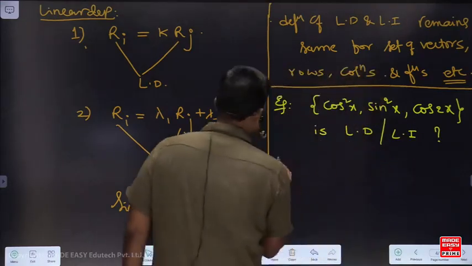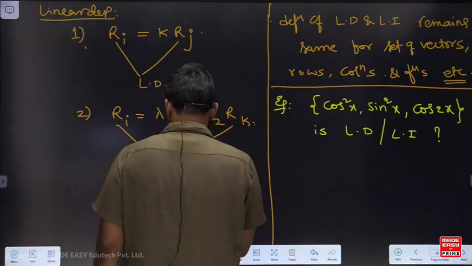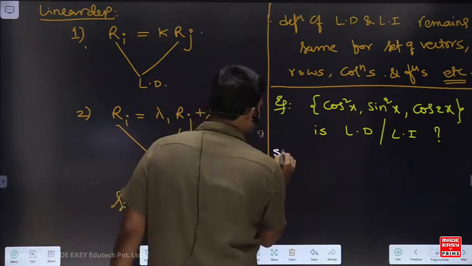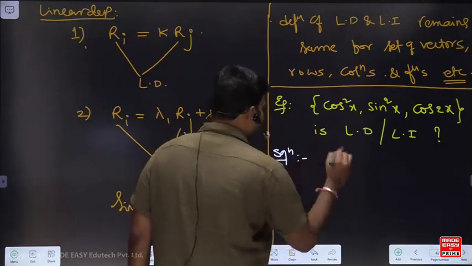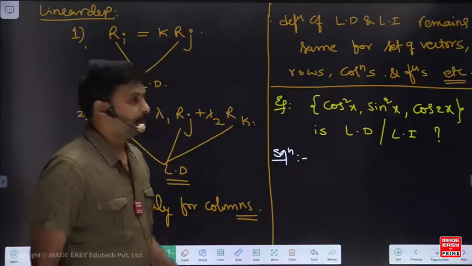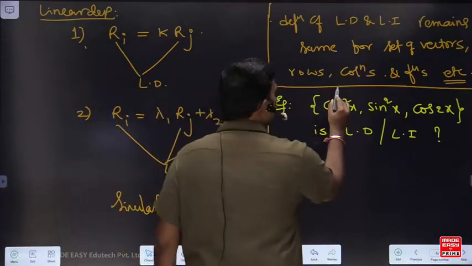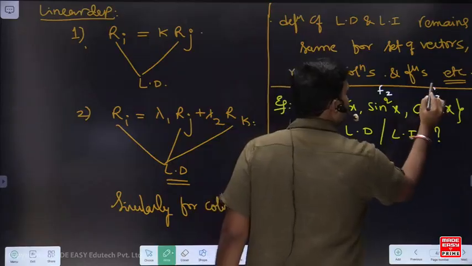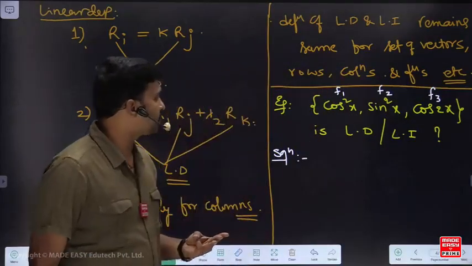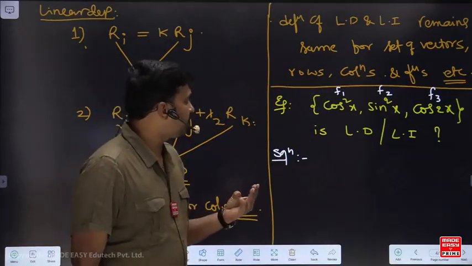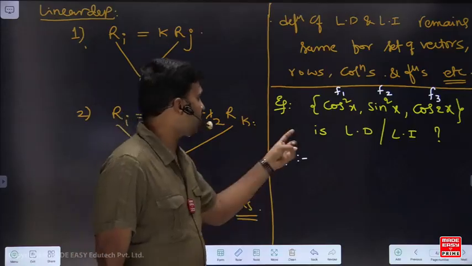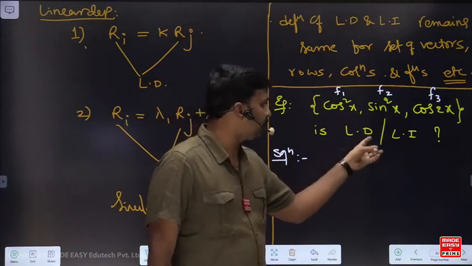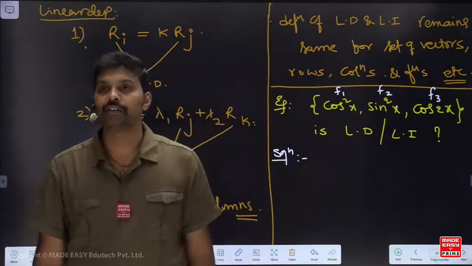So what is the answer for this question? We have functions f1, f2 and f3. So we are having three functions here. Now is this set of three functions linearly dependent or linearly independent?